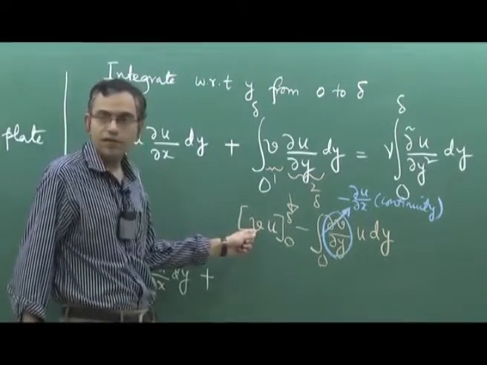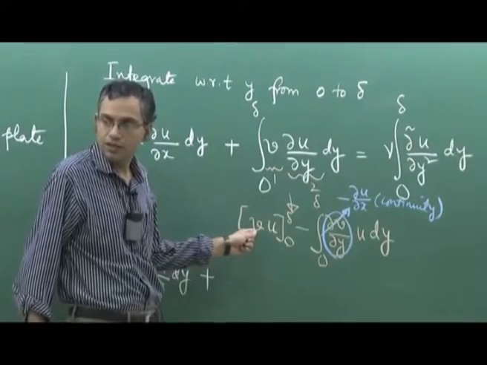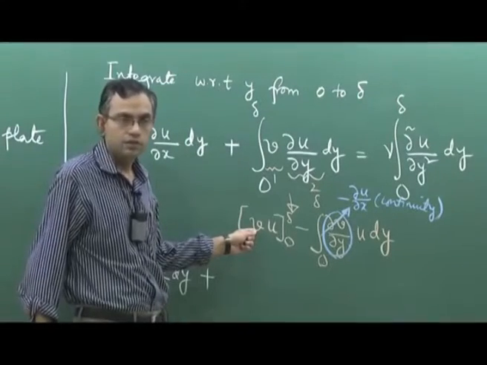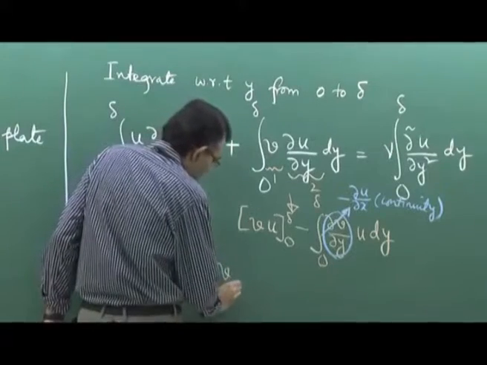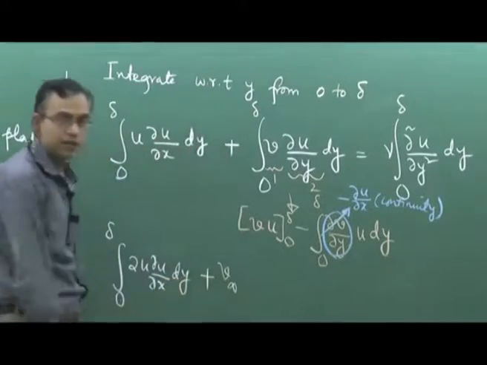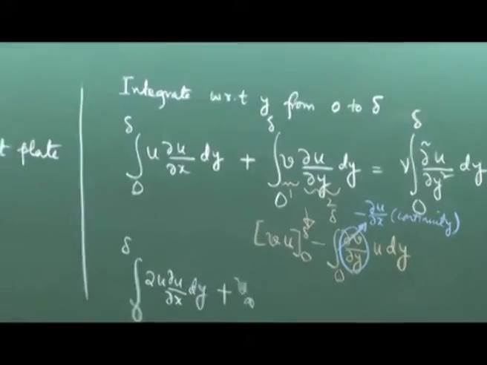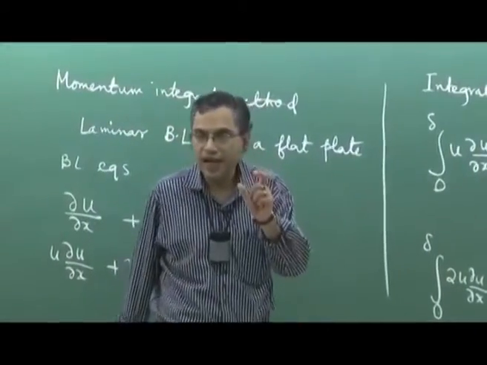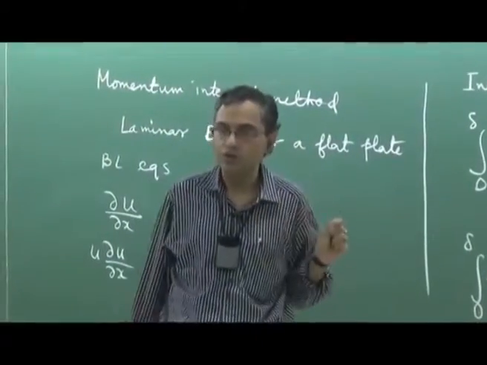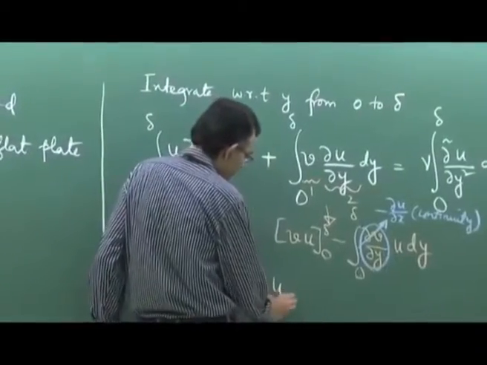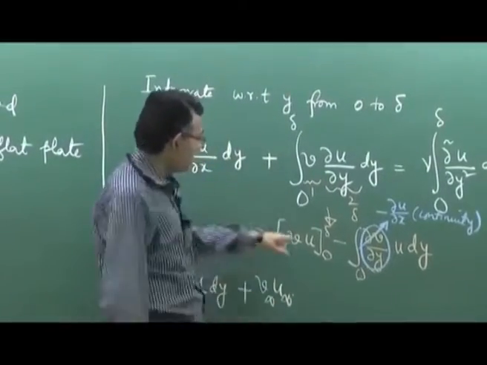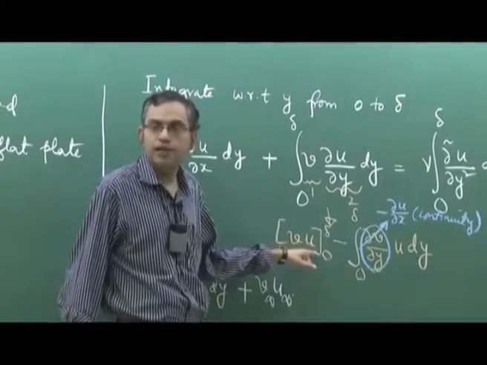what is v at y equal to delta? Whatever, let us give it a name v infinity. We have clearly seen that it may be small, but it is not 0. So v infinity into u infinity minus v at 0 into u at 0.